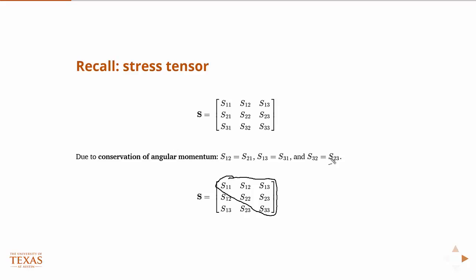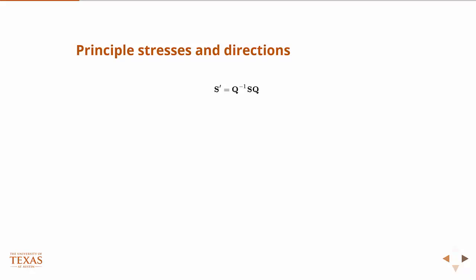So we also showed or learned that the Cauchy stress, or stress, is really dependent upon your choice of coordinate system, right? And it turns out that there is a very particular choice of coordinate system that will diagonalize the stress tensor.